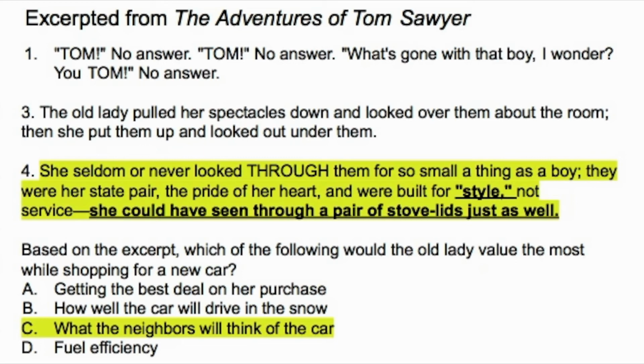We're told about her spectacles, her glasses, whatever you want to call them, and that they were built for style, and she could have seen through a pair of stove lids just as well. Meaning she's wearing the glasses just for the look, for the pride she gets from wearing them. It has nothing to do with the functional value of the glasses. So we can infer that what the neighbors will think of the car would be the thing she would care about most.